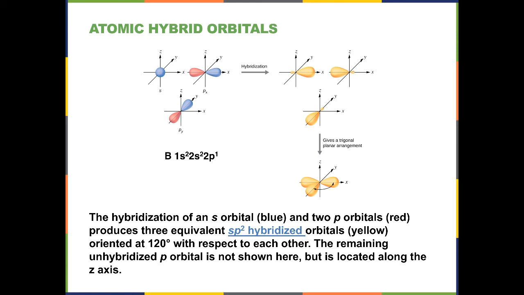Each sp2 hybrid orbital is shown on the right of the slide. One is oriented on the x-axis on the left, one is oriented on the x-axis on the right, and one is oriented on the y-axis. And this gives that trigonal planar arrangement with a bonding angle of 120 degrees. Now the remaining p orbital, which is not hybridized, is oriented along the z-axis.